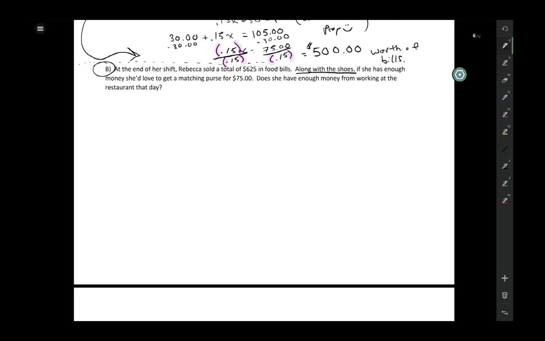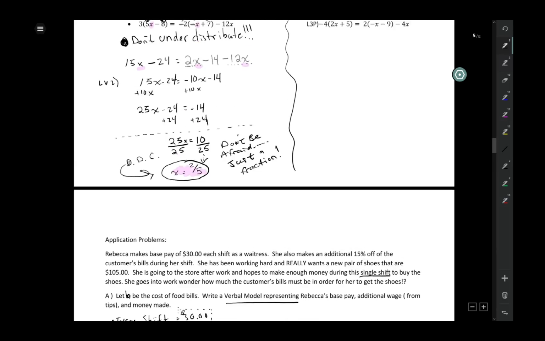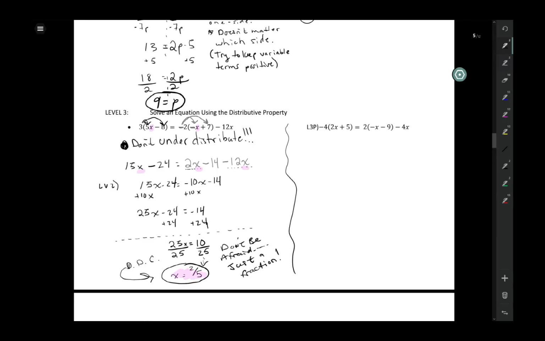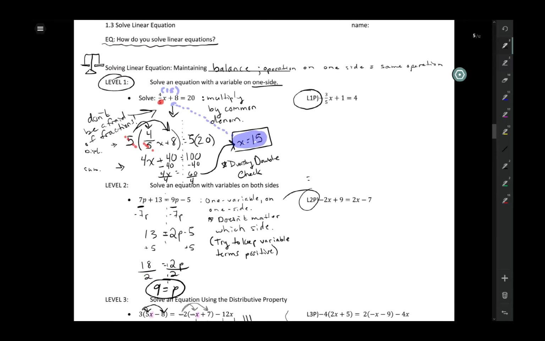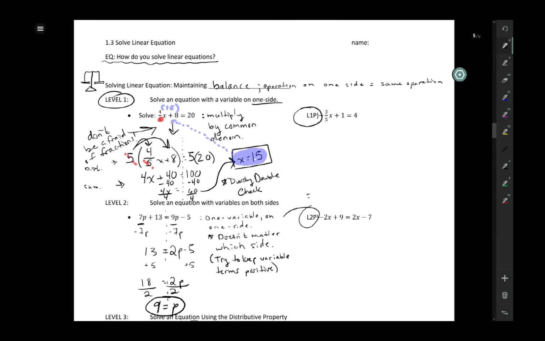All right. So if you're feeling the challenge, if you have some extra time, go back through, work on B, L3, L2, L1, but make sure that at least you answer the essential question, okay?